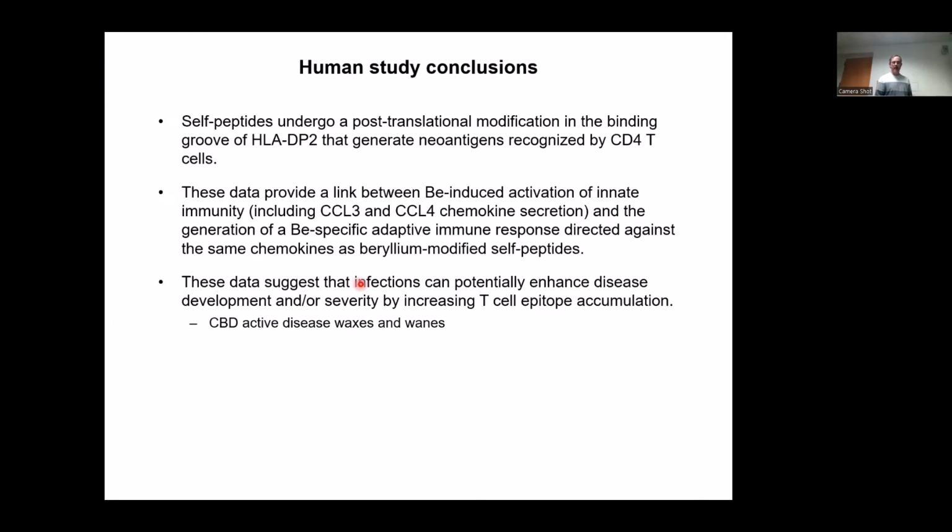And so we think it's possible that infections might result in disease flares, because when you're infected by some kind of lung pathogen, a virus or something, part of that response is going to be to secrete these inflammatory chemokines, CCL3 and CCL4. In effect, that increases the amount of antigen now available for those memory CD4 T cells to become reactivated. It's just a thought.